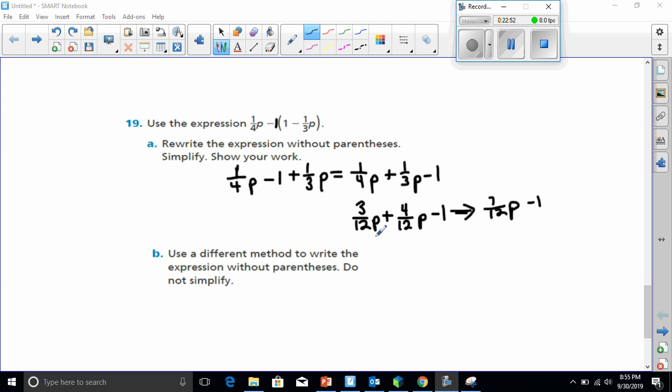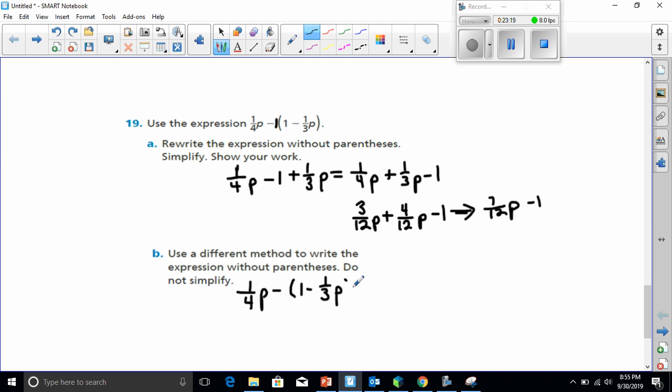The last one we have is B, that says use a different method to write the expression without parentheses. Oh boy, do not simplify. Well, this could have easily been 1/4 p -1, minus 1 minus 1/3 p.